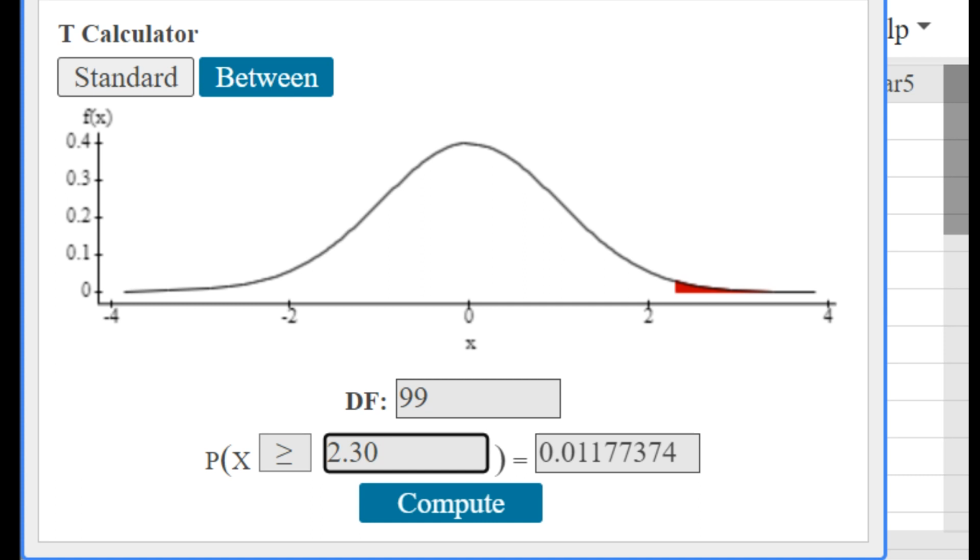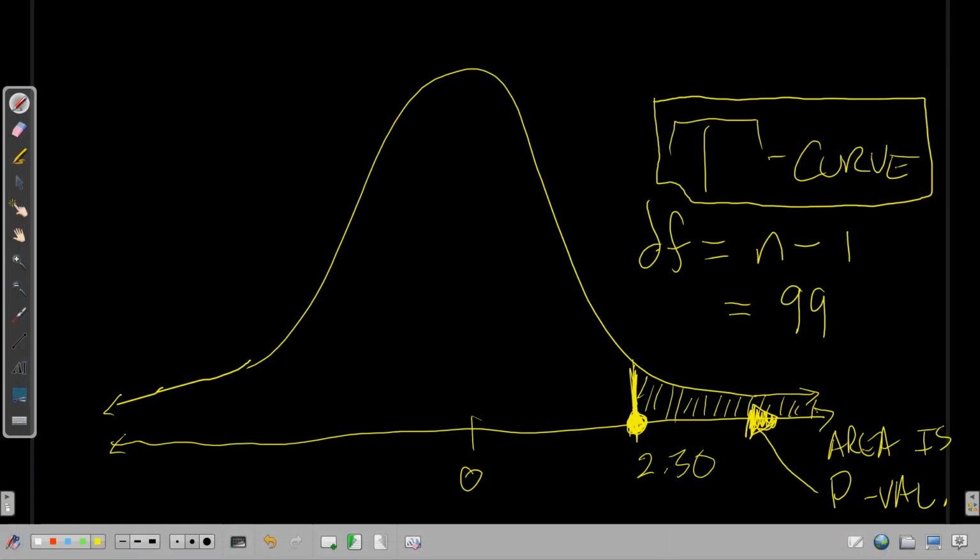It says the area is 0.01177. So that's this area. And they're going to have me round it to 3 decimal places. So we would get 0.012.